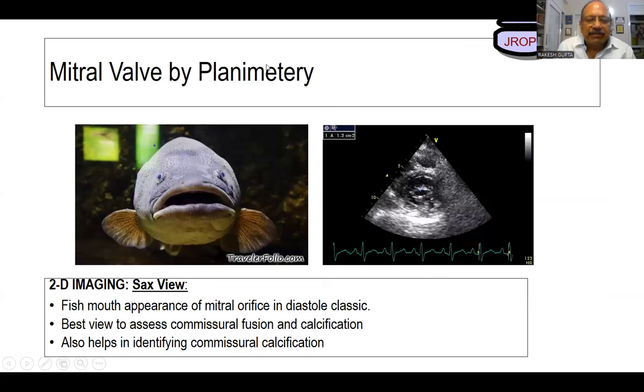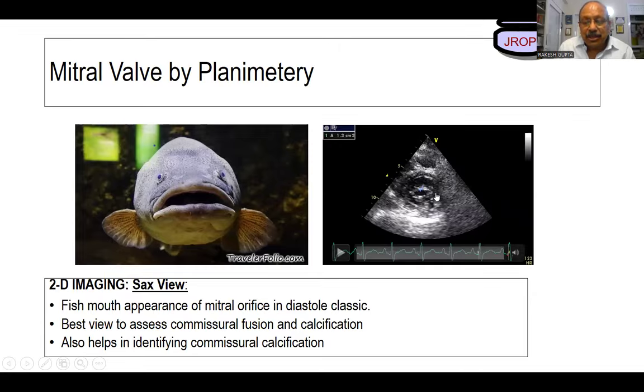Next comes the mitral area by fish mouth appearance. Look at the parasternal short axis view at the level of the mitral valve. It is a fish-like opening. This is the lateral commissure, this is the medial commissure, this is AML, this is PML. This is the classical fish mouth-like appearance of the mitral valve.